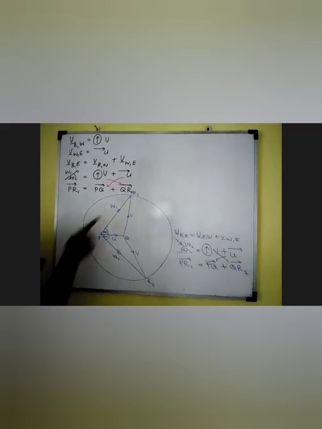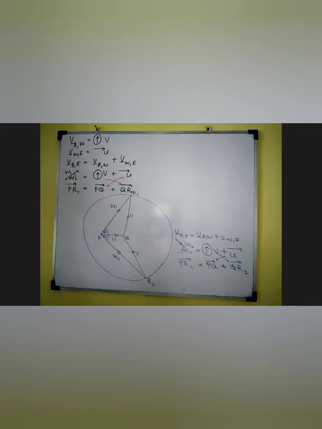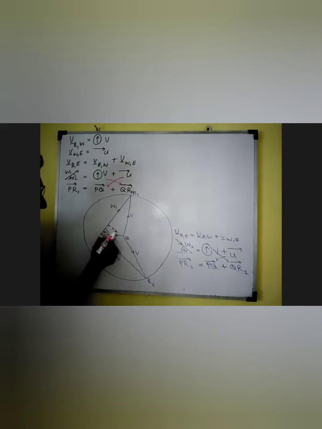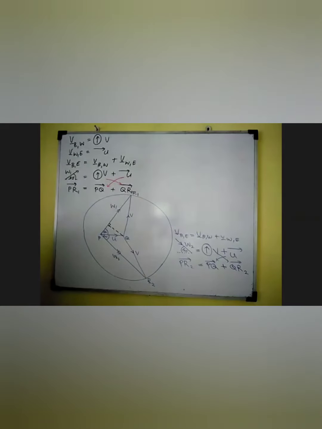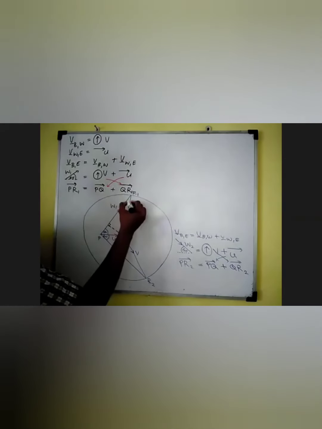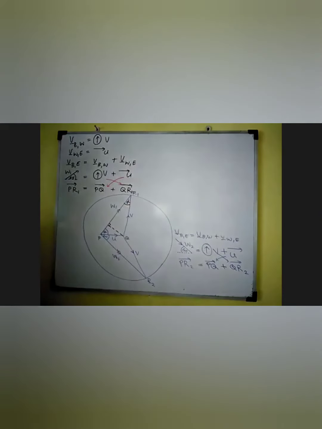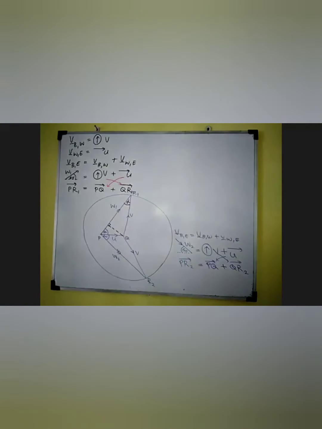Now I want length of this vector. For that, I'm going to do this thing. A perpendicular is drawn from Q to this W1 vector. Then I'm going to mark this angle alpha, and alpha is a variable given by us.